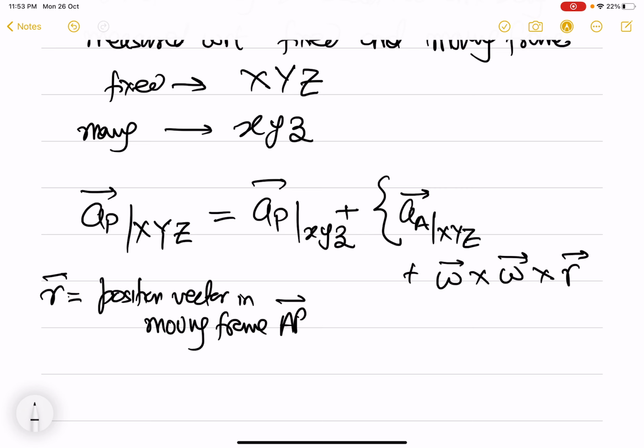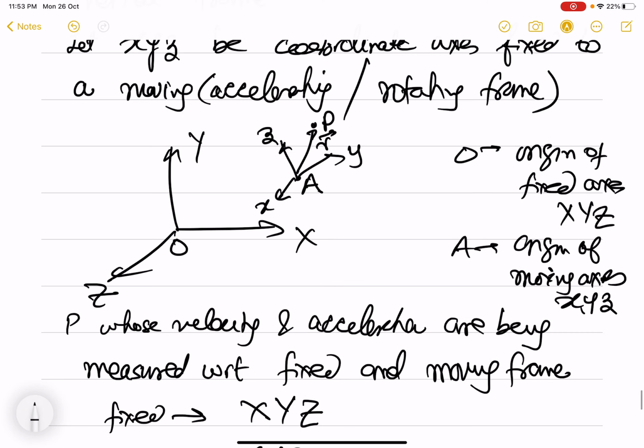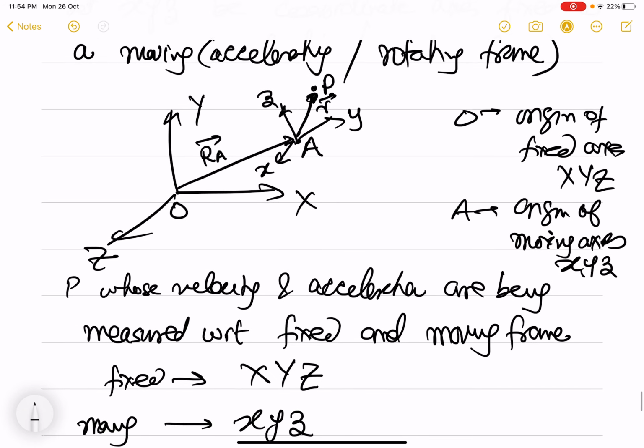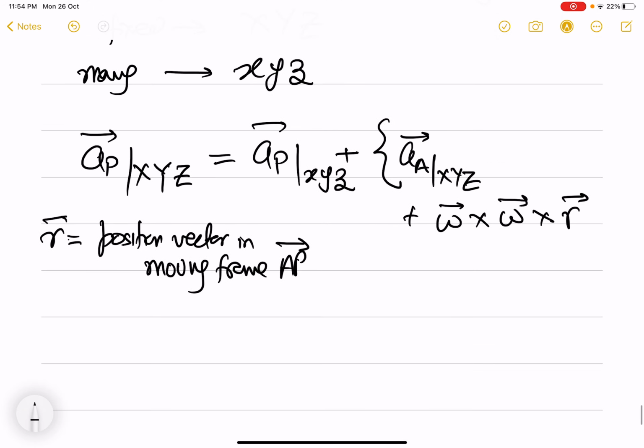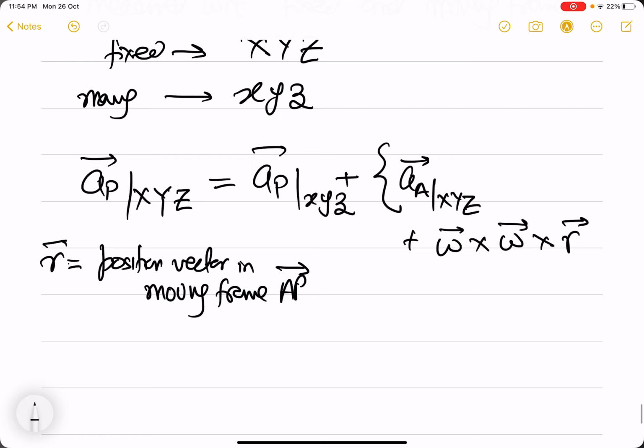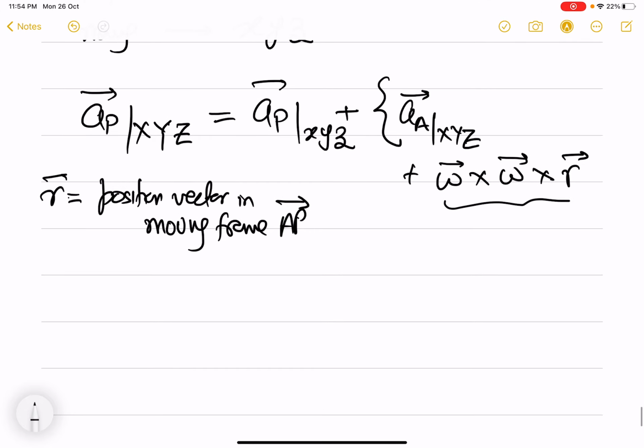So this is the vector AP, A to P, this is r. Capital R_A is the position vector of point A, whose second derivative we have taken as acceleration of A. So here the second term is omega cross omega cross r. This is what we called the centrifugal term.